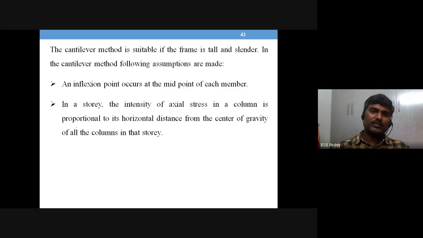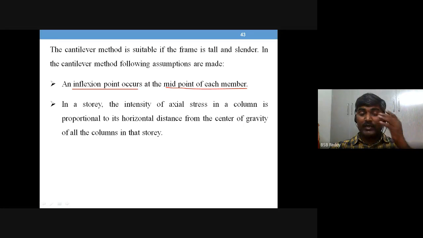Inflection points occur at the midpoint of each member, which is nothing but the point of contraflexure, or the zero bending moment location. That is common, as I said initially, for both the methods, either portal or cantilever. The first assumption is the same. So it differs only in the second assumption.